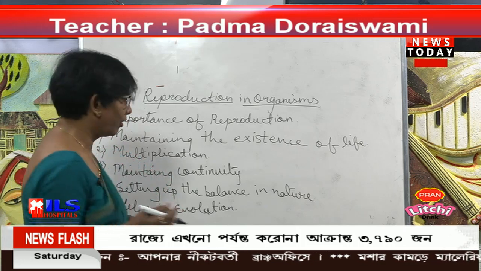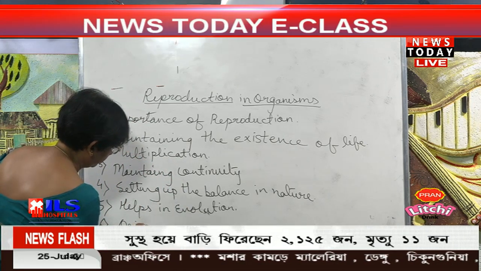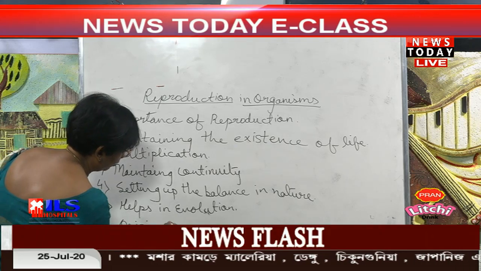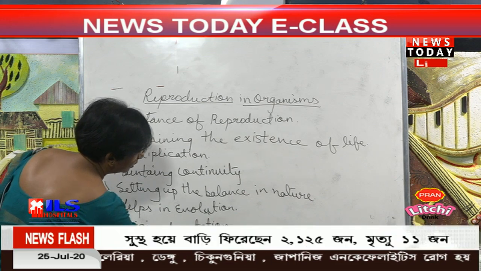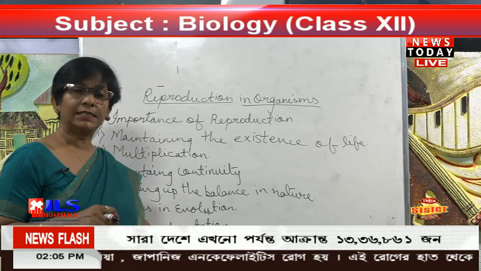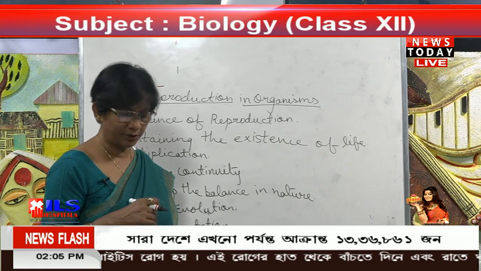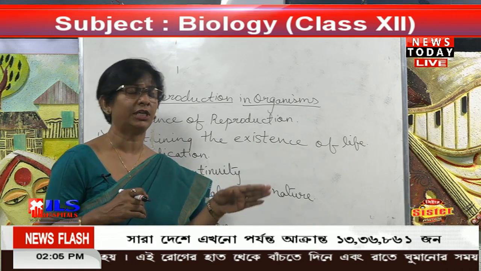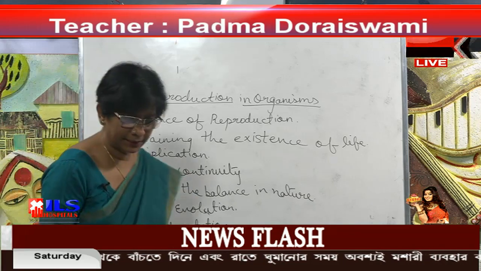Then sixth one is origin of mutation. You know that mutation is recombination of the genes. That's why we are getting different types of characters from generation to generation, due to recombination of the genes.